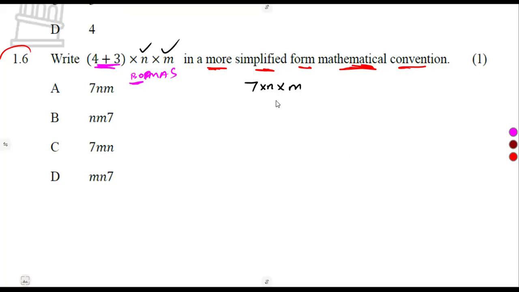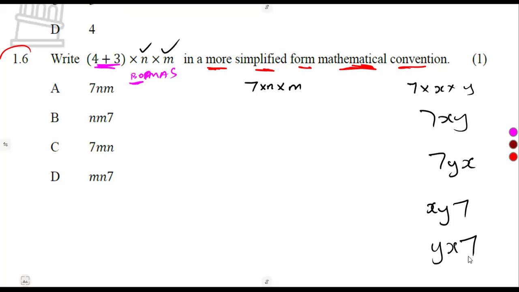But in a simplified form, okay, guys, if you're multiplying 7 times x times y like this, I just multiply and have 7xy. Someone can write 7yx. Someone can write xy7. Someone can write yx7.